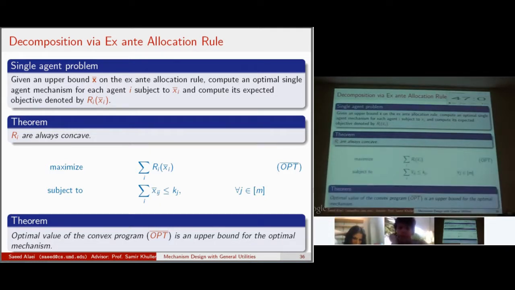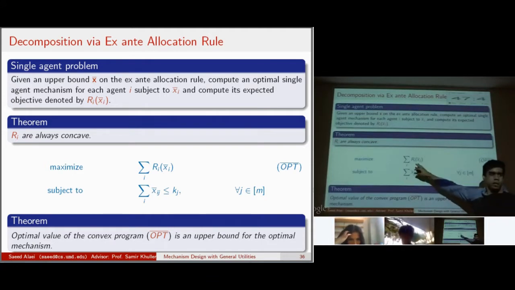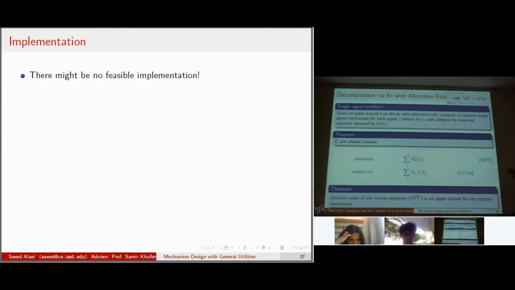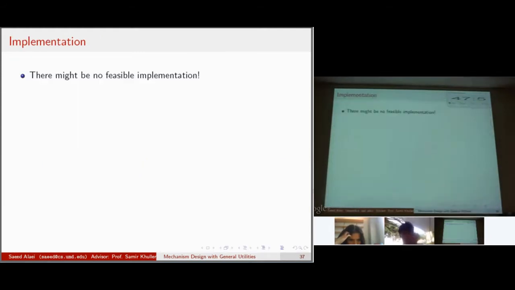You can use this convex program to compute some kind of optimal upper bound on the ex-ante allocation rule. The optimal value of this program also gives you an upper bound on the expected performance of the optimal mechanism. But this is only an upper bound because what you're computing may not correspond to a feasible mechanism.